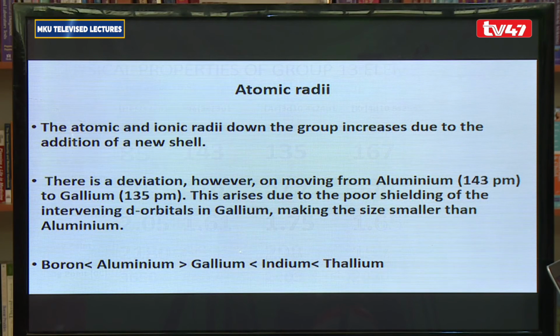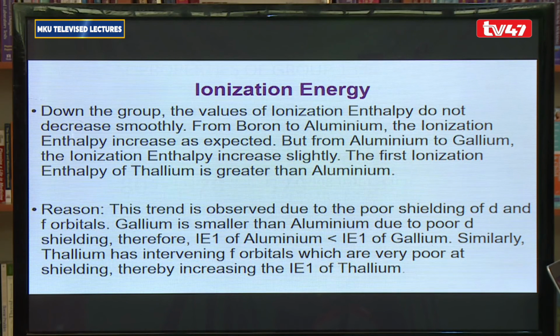The atomic radii and ionic radii increase because we are adding a new shell, but there is a deviation between gallium and aluminium because of the poor shielding of the d orbitals, and also between indium and thallium, the increase is not as expected.